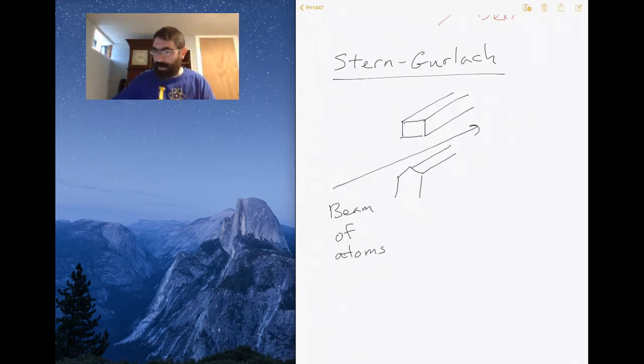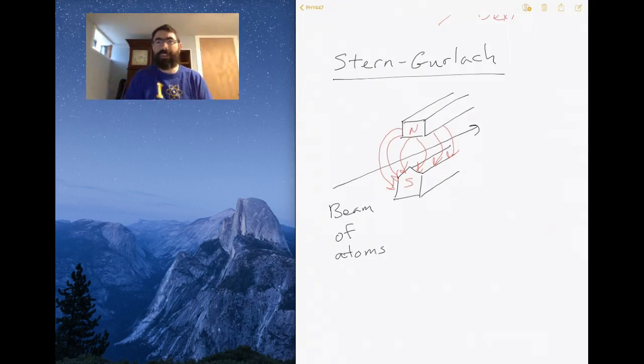So I'm basically creating this magnet here, where if I now draw the magnetic field lines, let's say this is north and this is south. So now I've got these magnetic field lines, which are going from the North Pole to the South Pole.